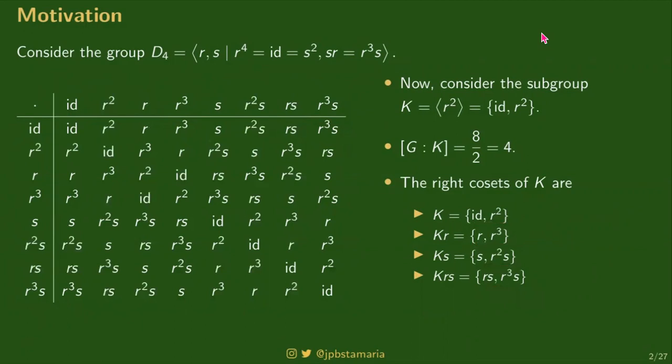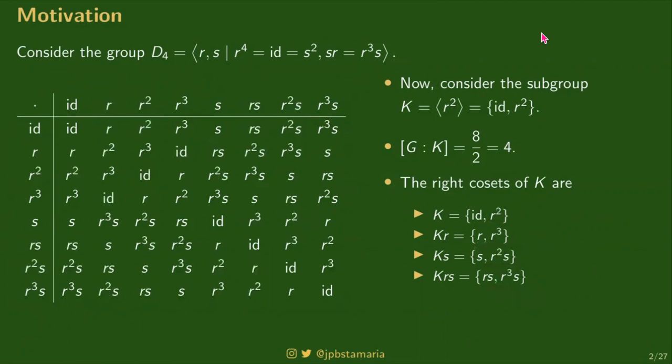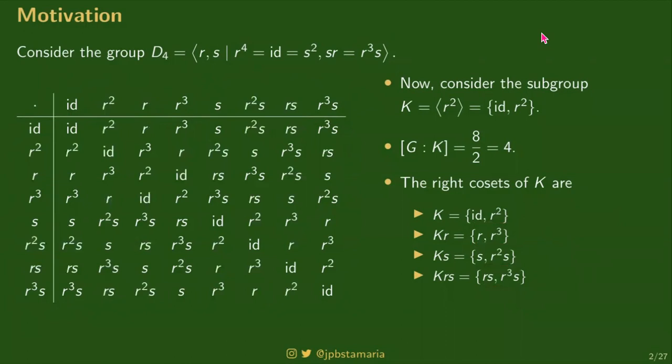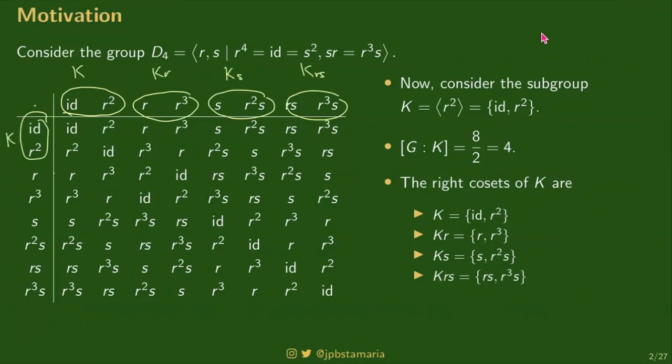So here you go. Ulit, ito yung original. If I rearrange, I will get something like this. To tell you kung ano nangyari, ito yung K, ito yung KR, ito yung KS, ito yung KRS. Naintindihan ninyo kung anong ginawa ni Sir?